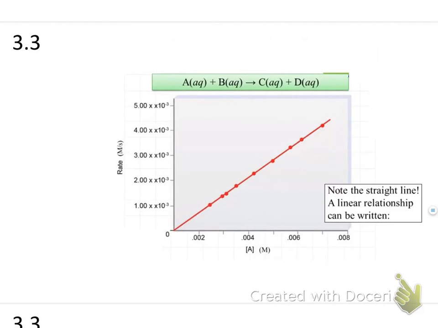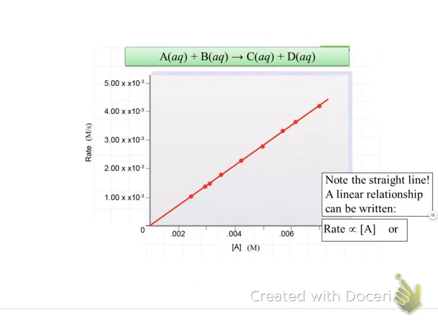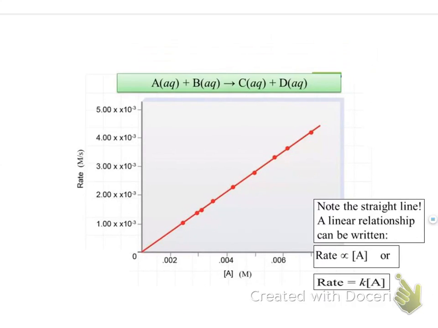So first of all, we notice that we have a straight line relationship. So what we can say is that the rate, which is the y-axis, is directly proportional to the concentration of A, which is the x-axis. We could also say that rate is equal to some constant times the concentration of A. This is a straight line with no y-intercept, and think about it, y equals mx plus b.